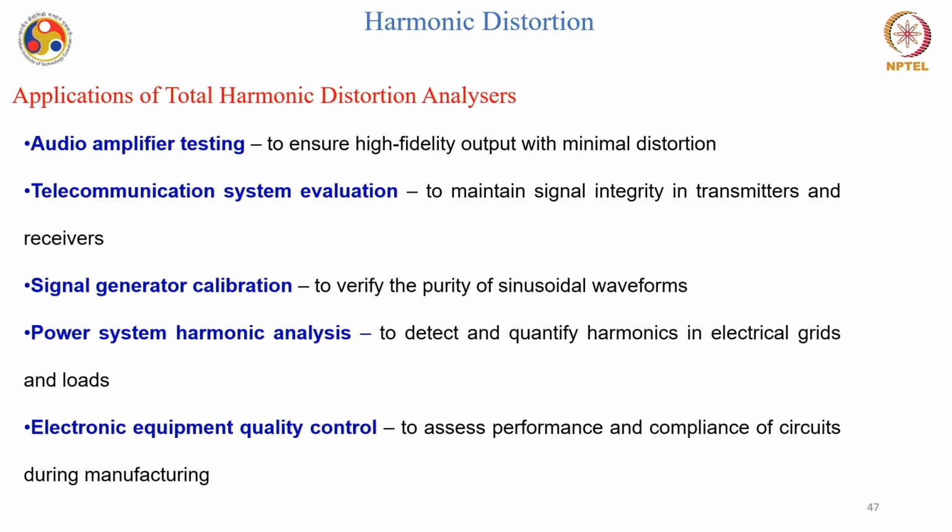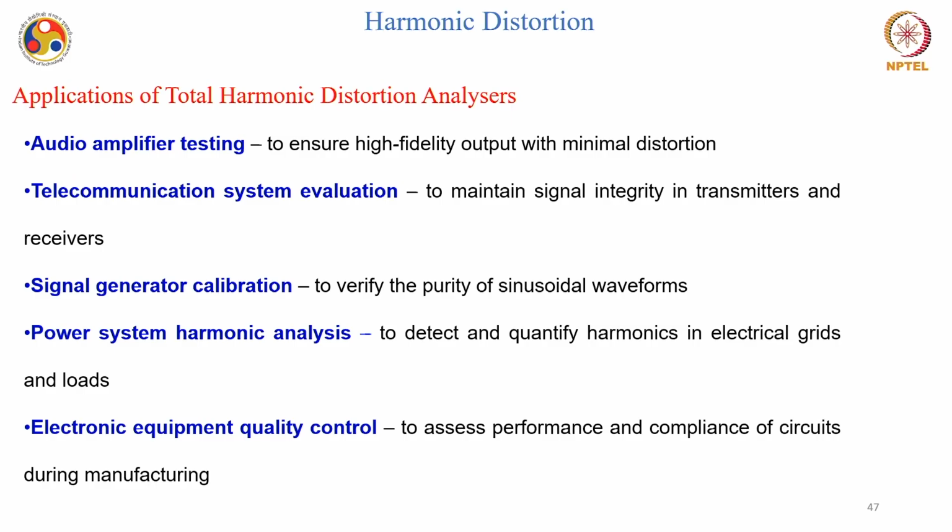The application of total harmonic distortion analyzer is really wide. You can use it in audio amplifier testing to ensure high fidelity output with minimal distortion. They are also useful in telecommunication system evaluation to maintain signal integrity in transmitter as well as in the receiver. They are also useful in signal generator calibration to verify the purity of the sinusoidal waveform generated by it.